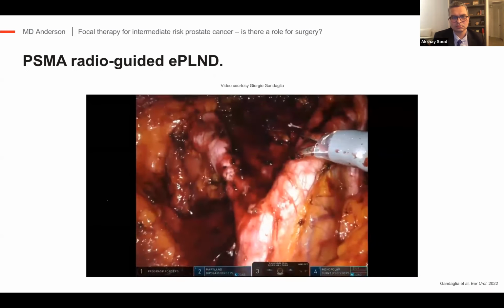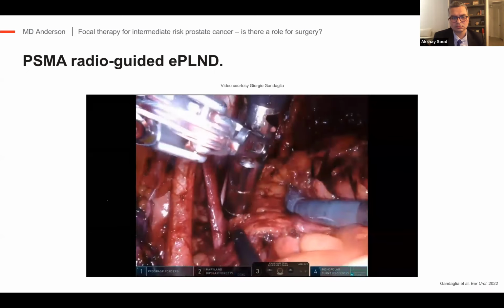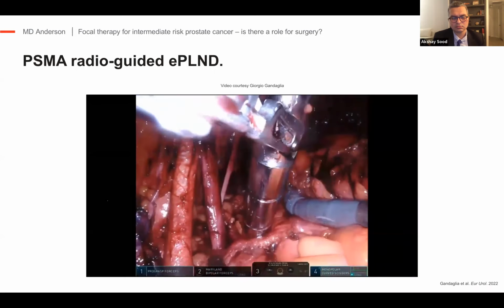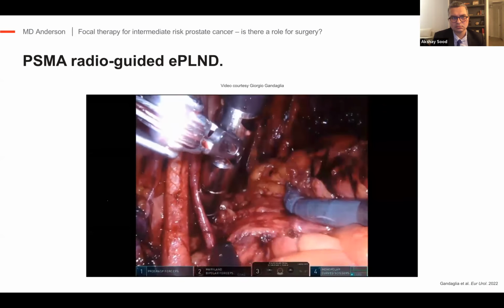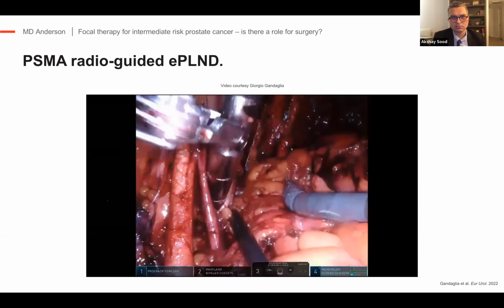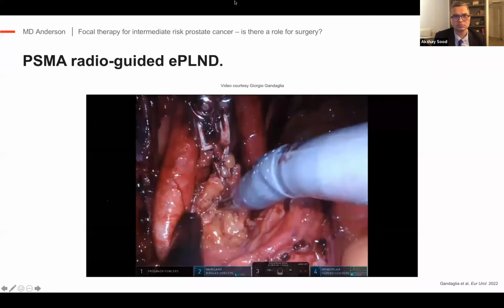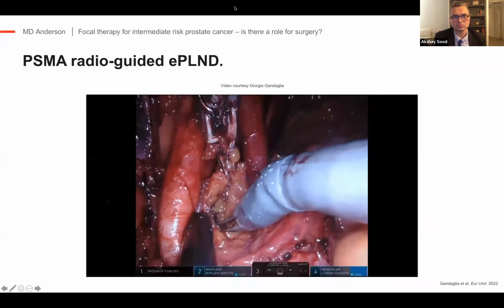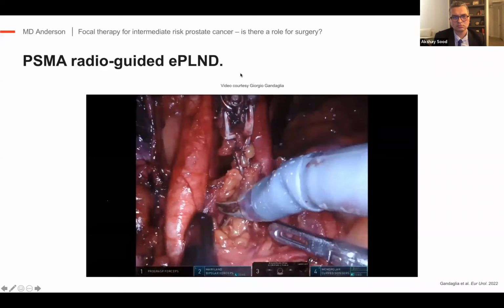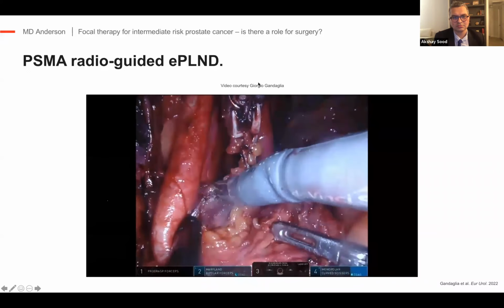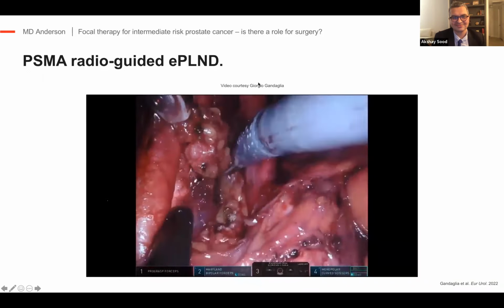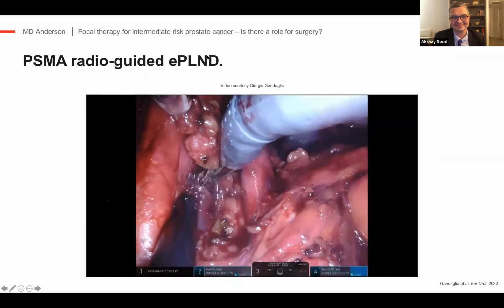Ex vivo gamma measurements were performed to immediately confirm the removal of the radioactive lesion or to prompt further search in case of a missing signal. All the removed tissue was collected separately according to the site of resection. An anatomically defined extended pelvic lymph node dissection was then performed. Intraoperative measurements with the drop-in gamma probe were performed at the level of the common iliac and presacral stations.